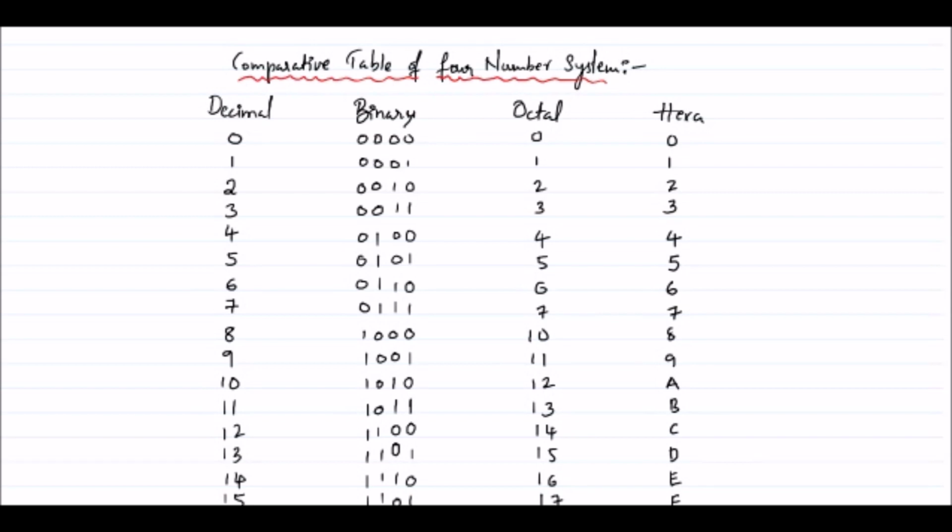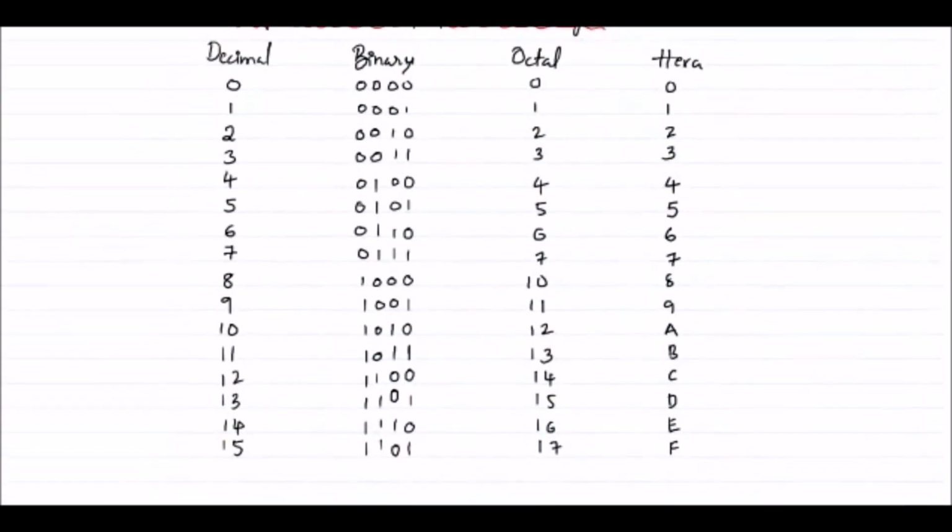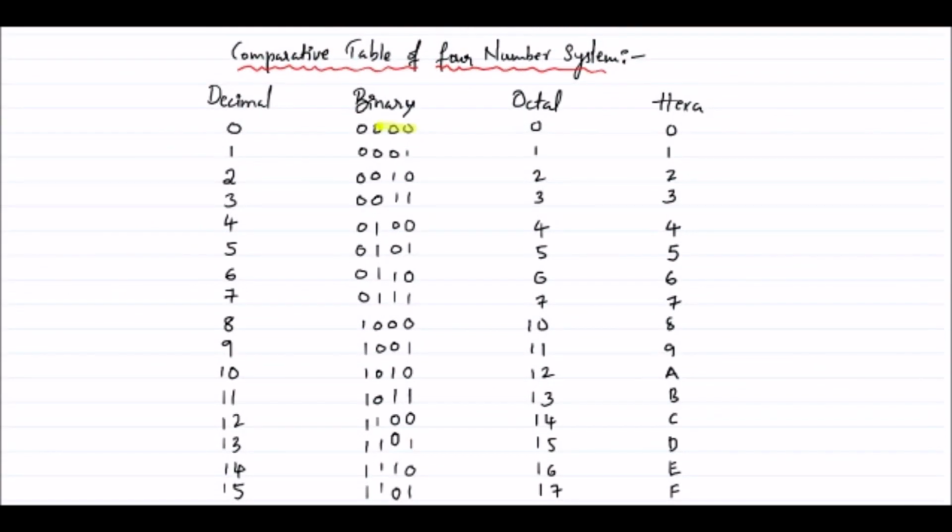So we have a comparison table of the four number systems which we discussed previously: octal, decimal, binary and hexadecimal. I am writing all these numbers in a table format. As you can see, the binary number here is represented with 4 digits. We will discuss why we are denoting it with 4 digits.